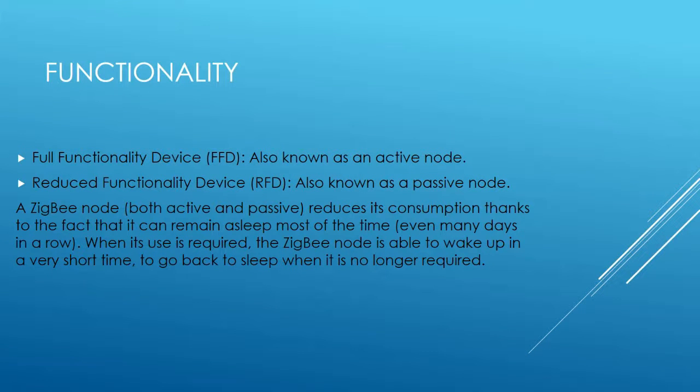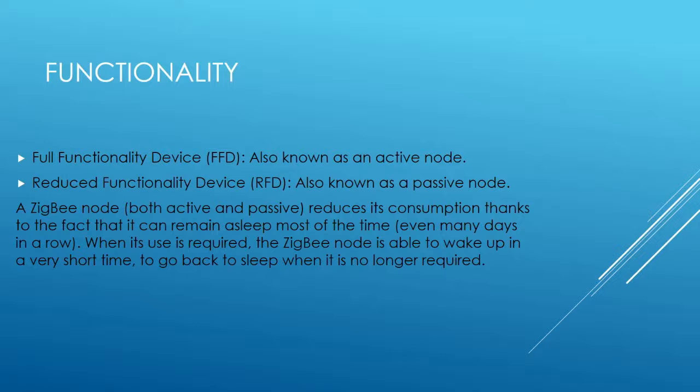Reduced functionality device, also known as a passive node. It has limited capacity and functionality, in order to achieve low cost and great simplicity. Basically, they are the sensors and actuators of the network.